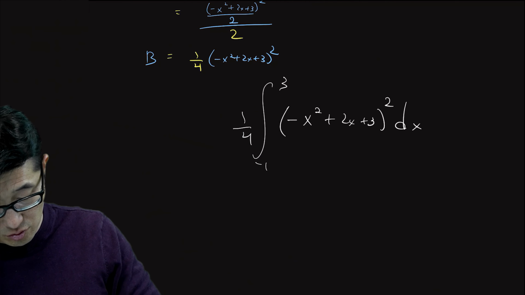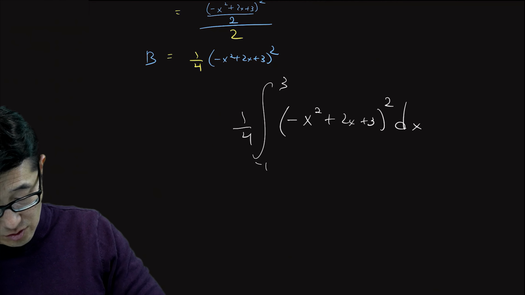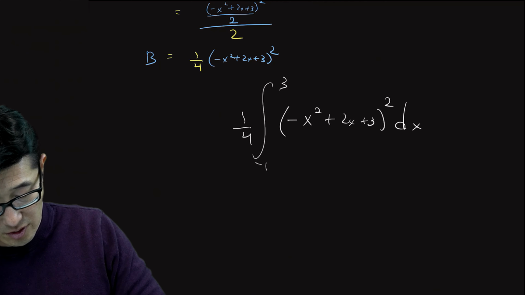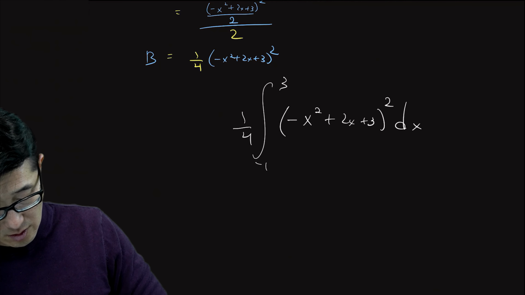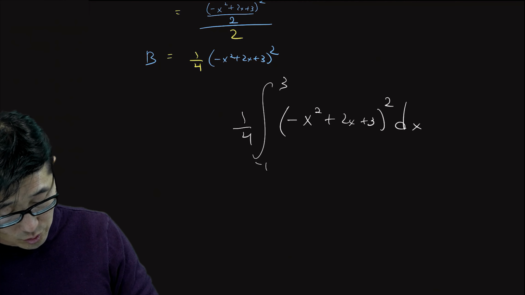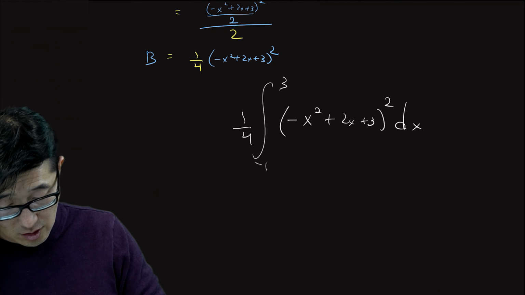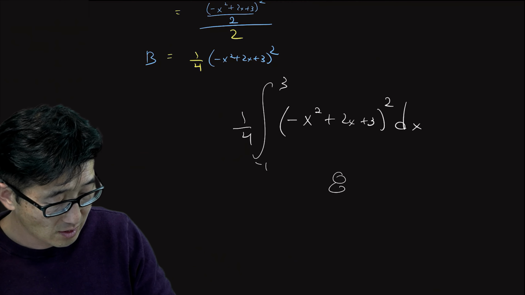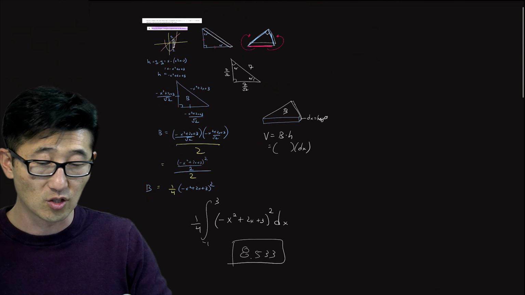So, with the limits from negative 1 to 3, put parentheses on negative x squared plus 2x plus 3, square it, take the whole thing and divide it by 4, dx equals 8.533, and that's what we got. Okay, rewind it, watch it 10 times, and then try it again by yourself.